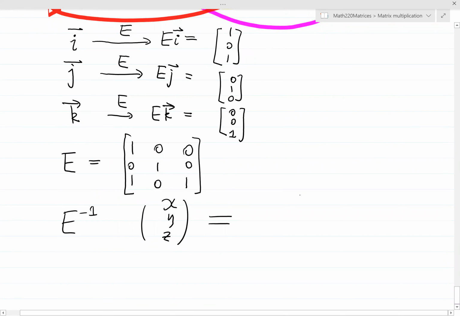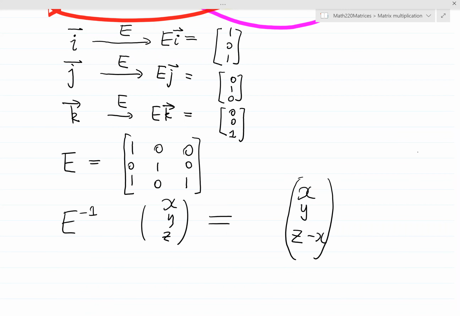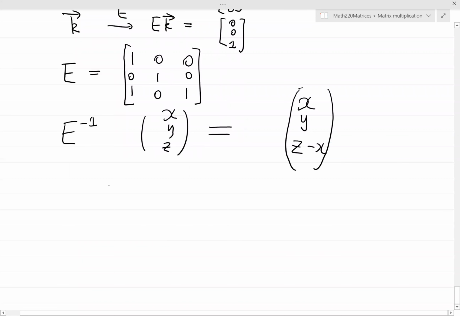So the first two we keep fixed, and then the third, subtract X. Now if you work out as what we just did, you will see E inverse is again 1, 1, 1 on the diagonal, but here we got a -1, with zeros elsewhere.